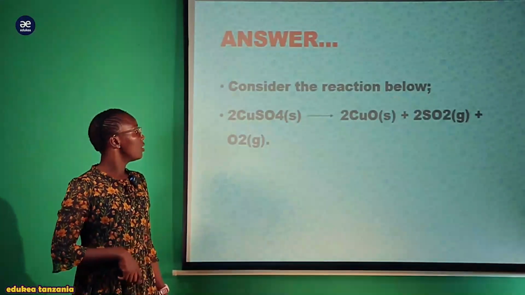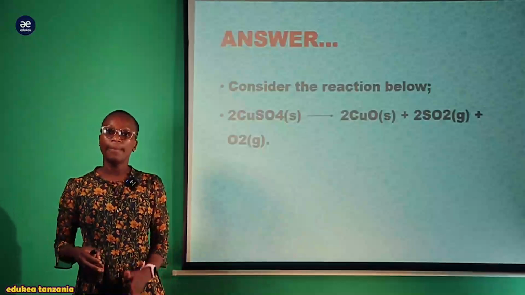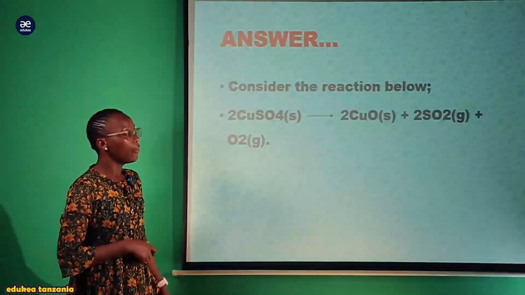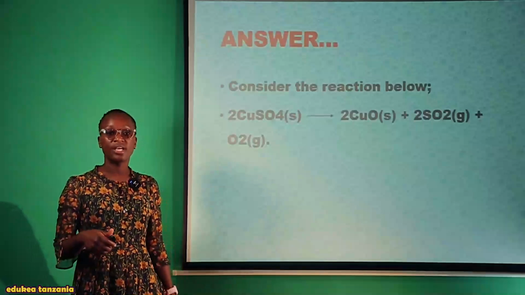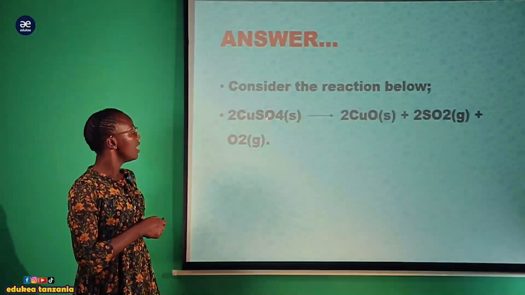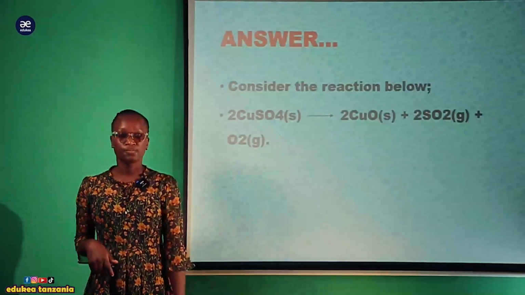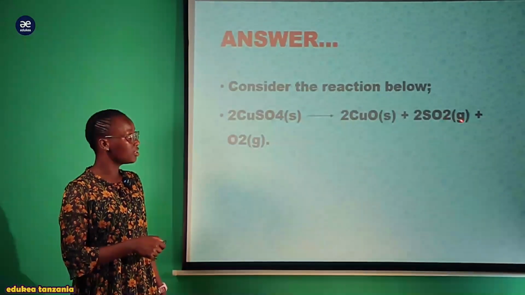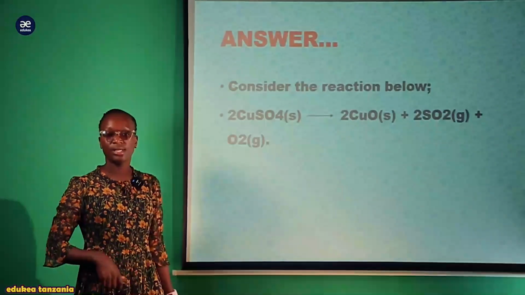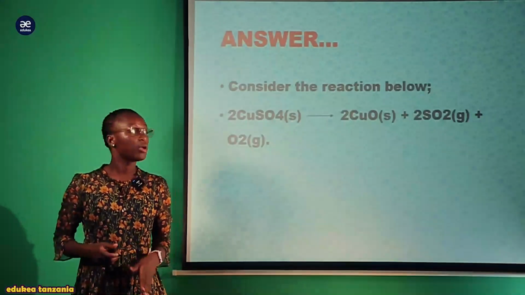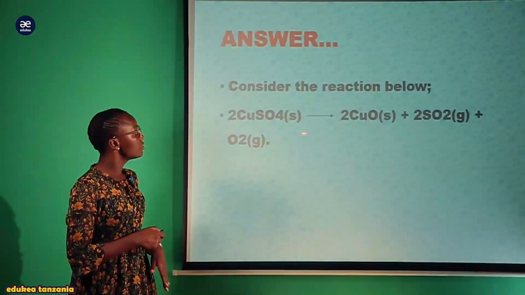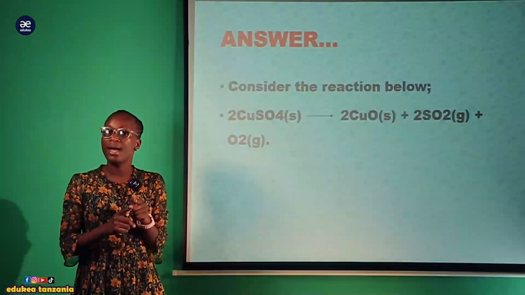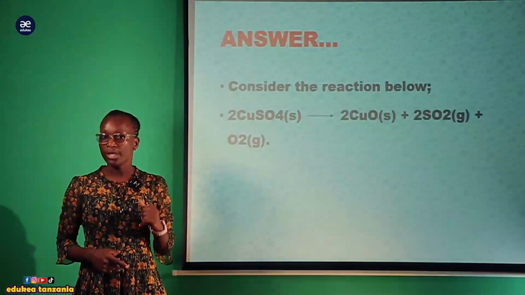Consider the reaction below. This is the reaction of copper 2 sulfate, the way inakuwa dissociated au decomposed baada ya kuwa subjected kwenye heat source. For instance, this is copper salt, ina decompose, tunaenda kupata copper oxide, tunaenda kupata sulfur dioxide gas as well as oxygen gas. My student, here unaona kwamba this reaction iko balanced kwa sababu swali letu limesema kwamba with balanced chemical equation tuonyeshe hizi reaction.